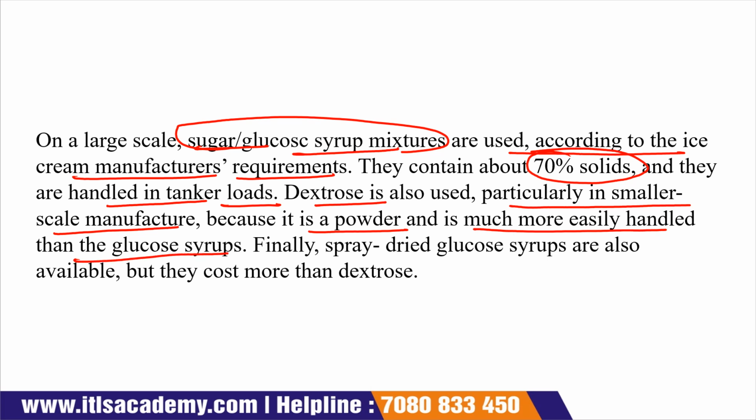In place of the sugar glucose syrup mixture, you can use dextrose also, because it is powder in nature and can be easily handled as compared to the glucose syrup.